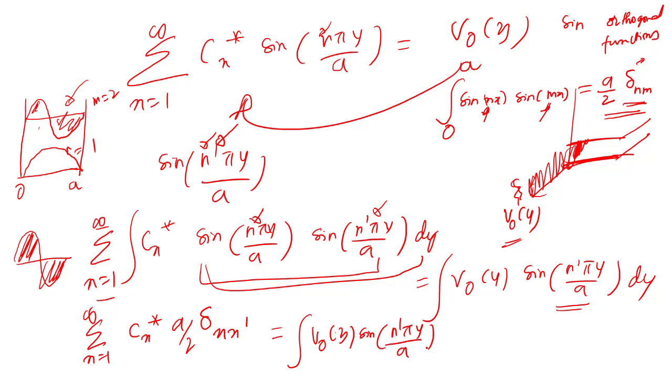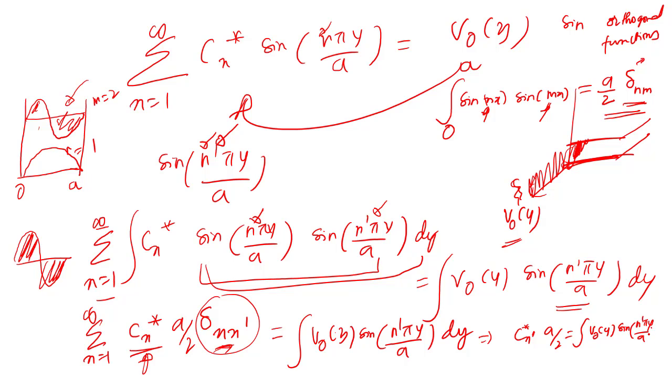In other words, this is nonzero only when n is equal to n prime. For all other n's, this term is 0. So this will select out only one term here, that is c of n prime. This implies that c star of n prime times a by 2 is equal to the integral of v0 of y sine n prime pi y by a dy.